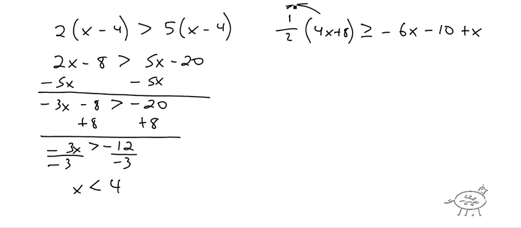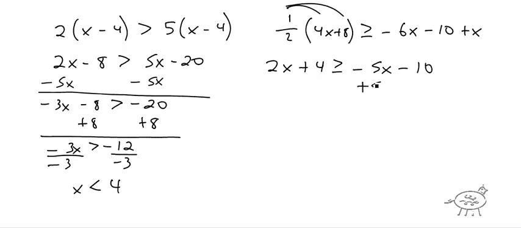Make sure you multiply that 1/2 times both the terms inside there. Just like we did on the problem before, you have to distribute to every term inside the parentheses. So we get 2x, 1/2 times 4x is 2x. 1/2 times 8 is plus 4, is greater than or equal to negative 5x, because negative 6x plus x is negative 5x, minus 10. And then it's like normal solving.